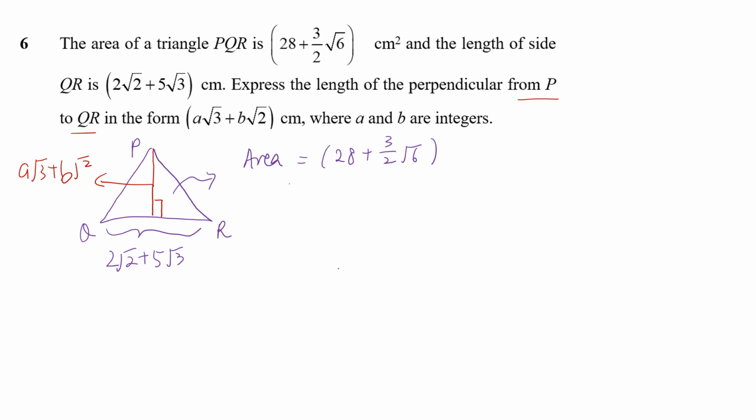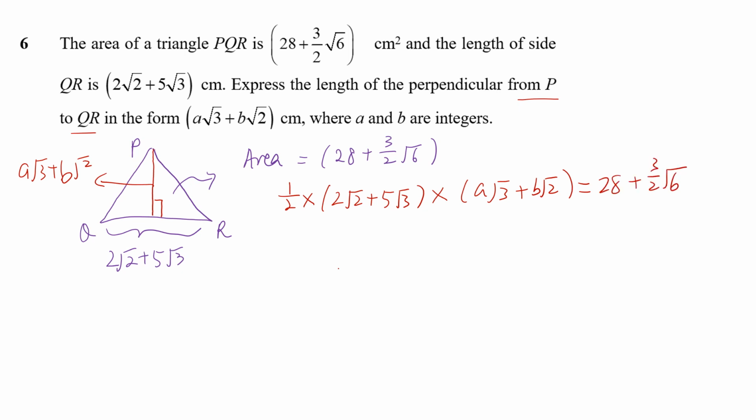Right, so half times base, which is QR, bracket it because there are two terms there. It's important to bracket it. Half times base, and the height is a square root 3 plus b square root 2. And this will give us the area to be 28 plus 3 over 2 square root 6.